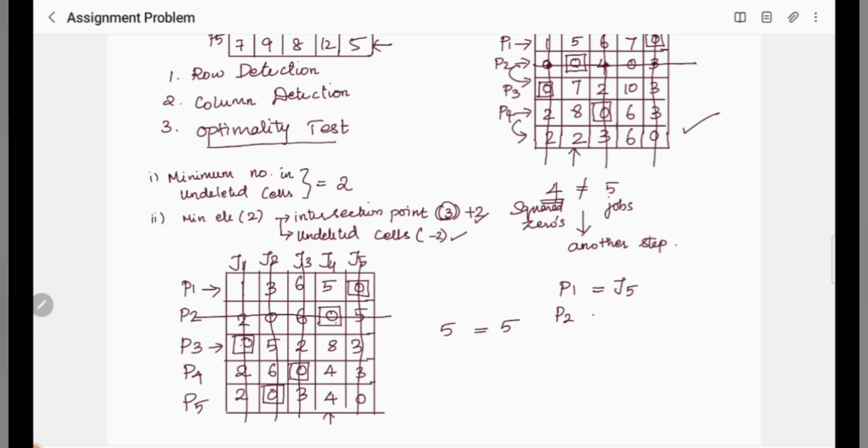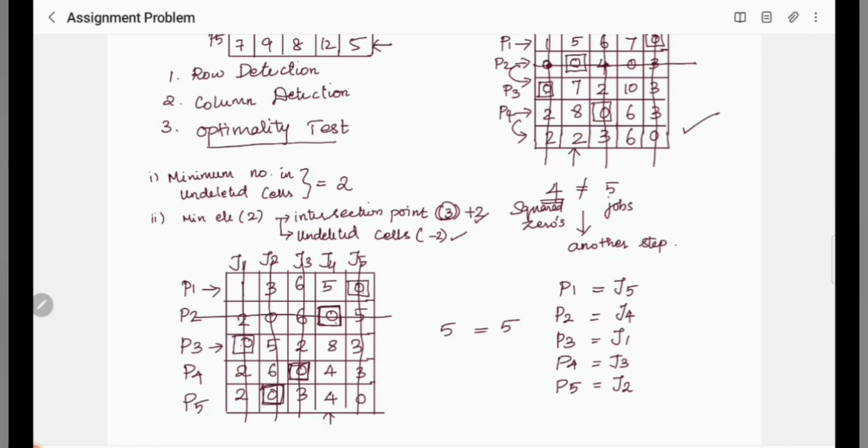Next, person 2 is allotted job 4. Person 3 is allotted job 1. Person 4 is allotted job 3. Person 5 is allotted job 2. So with the squared zeros, I am just writing it: P1 with J5, P2 J4, P3 J1, P4 with J3 and P5 with J2.